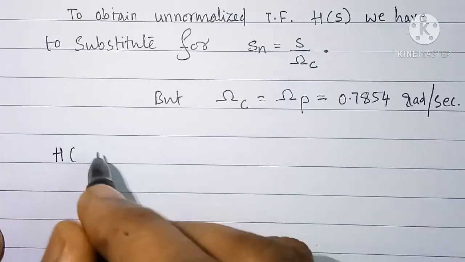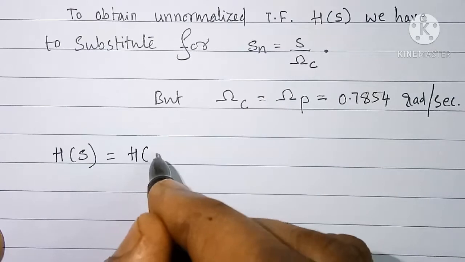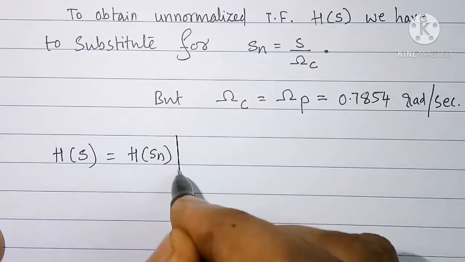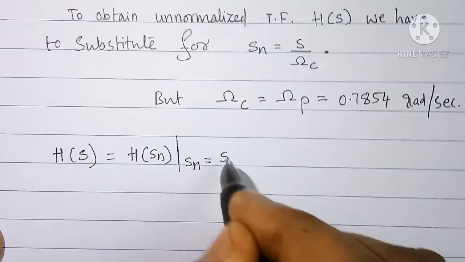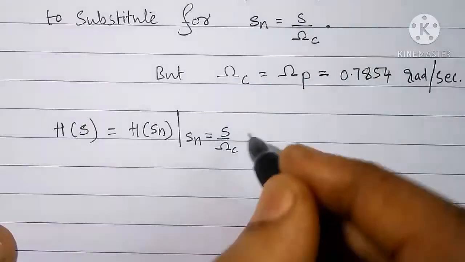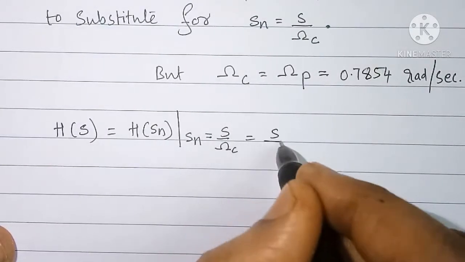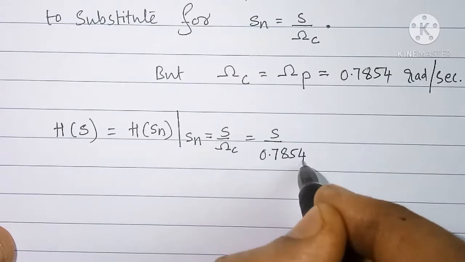Now h of s equals h of Sn at Sn equal to s by omega c, that is s by 0.7854.